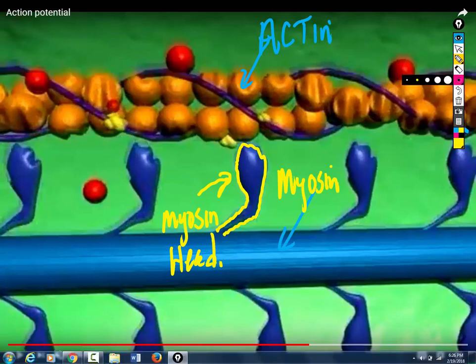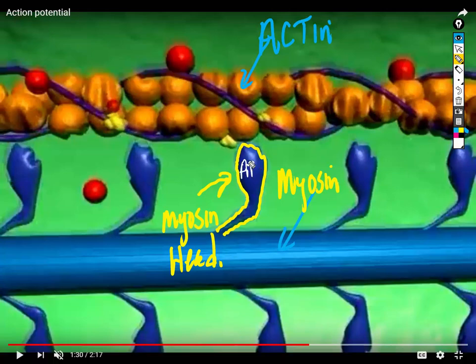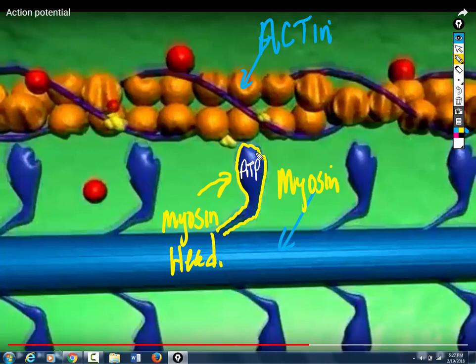And sitting on the myosin head, hold up, you're not going to believe this. Oh, this is a big one. Is a molecule of ATP. Tell me you're following me so far. Guys, now watch.